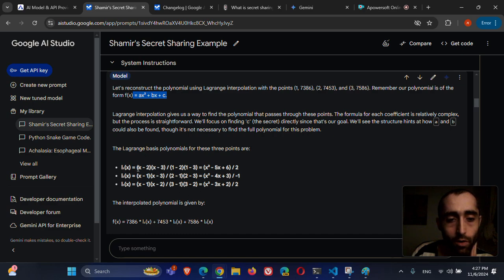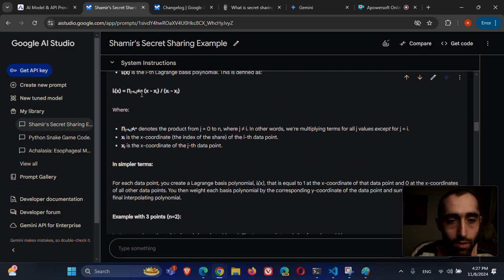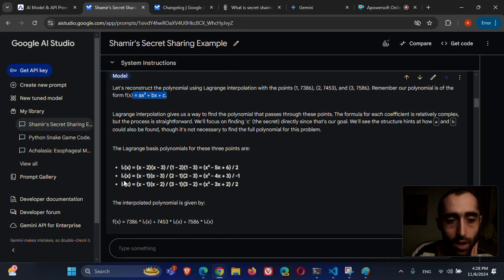Remember the Lagrange interpolation, whose general formula is the product of (x minus xj) divided by (xi minus xj) for each L_i(x). So we calculate L_i(x). This is the second point, this is the third point: 1 minus 2, 1 minus 3. This is the first point, this is the third point: 2 minus 1, 2 minus 3.